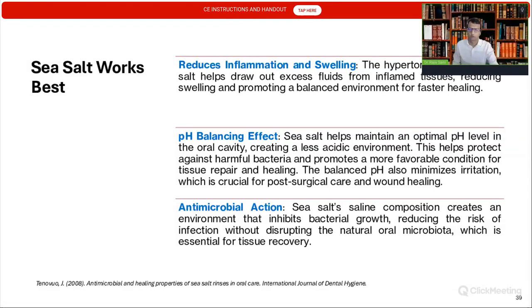Antimicrobial action. Sea salt is a natural antimicrobial. How? Elements, for example sodium chloride present in the sea salt, help dehydrate the cell wall of harmful bacteria and inhibit their growth. Magnesium, another important element, possesses anti-inflammatory and antibacterial properties, promoting skin and mucosal healing.